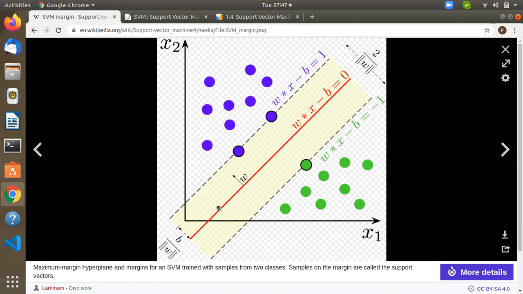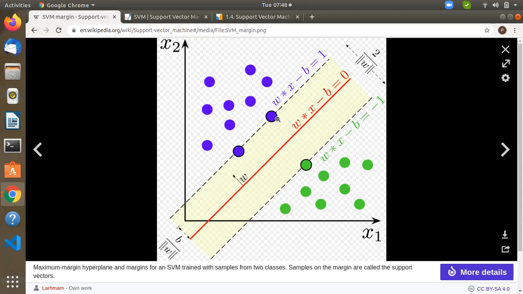First, this particular line is known as the hyperplane. These are two hyperplanes which are derived from this hyperplane, which are parallel to each other. Then the data points which are passing through this line and this line, we call these points support vectors.